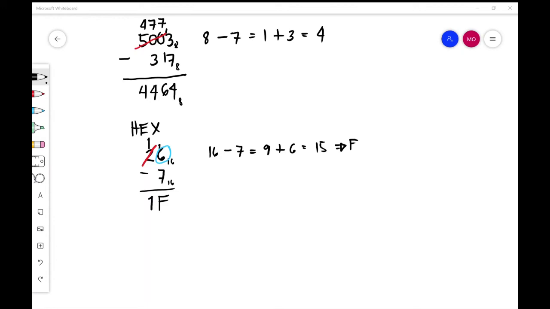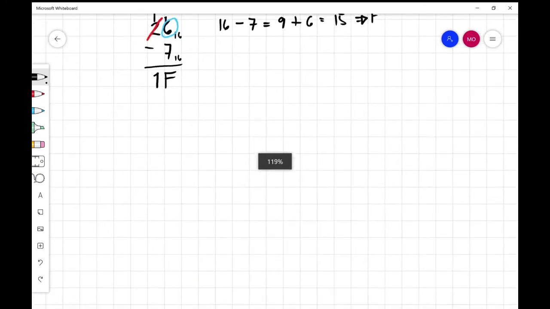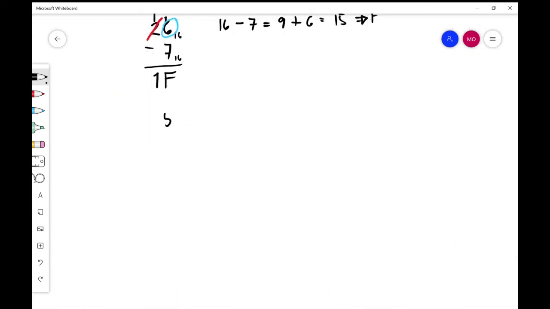Let's reinforce it by giving another example. Let's say we have 53 minus 15 in hex. Right. 3 minus 5 cannot be, so we borrow 1 from 5. This becomes 4. Okay, let's expand this.